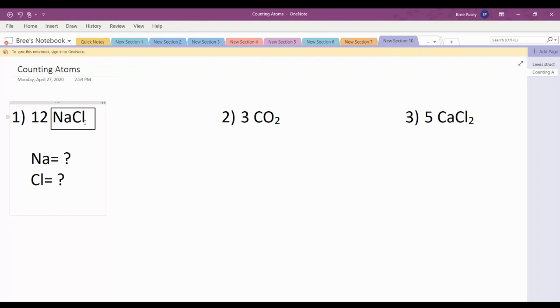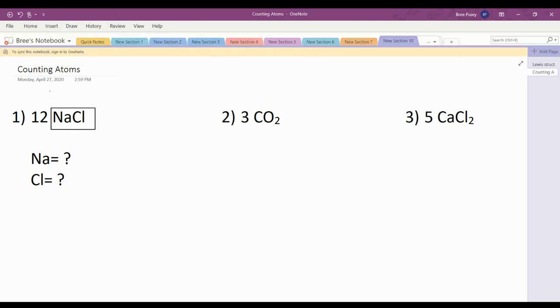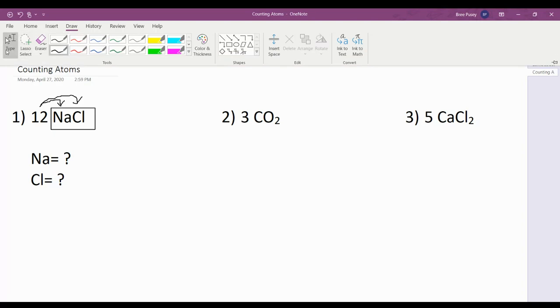Whenever I see a new capital letter, that tells me it's a new element to count. So in this example, I'm going to take my 12 and multiply it by Na and by Cl.